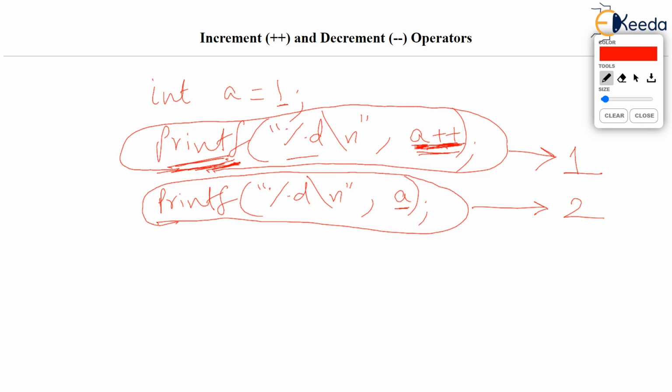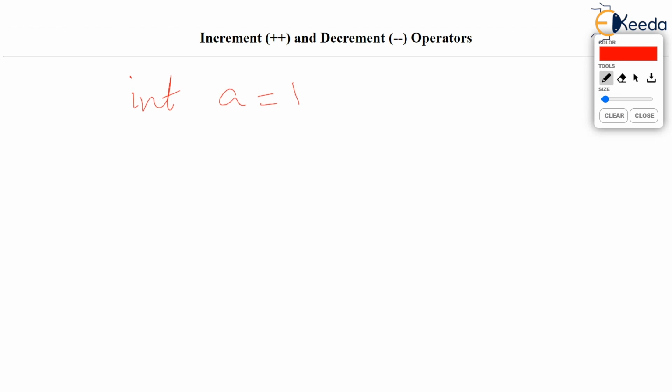Let's see one more example where I have given almost the same code. Let's say we have int a equal to 1, and then we have printf %d \n, and what we are printing here, just observe, is plus plus a.